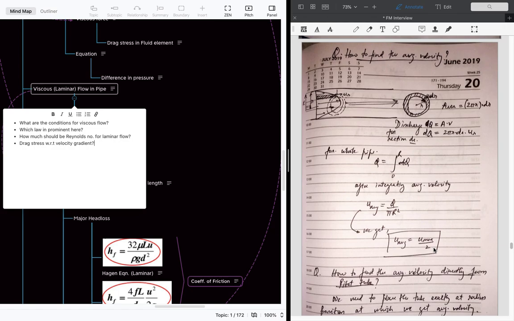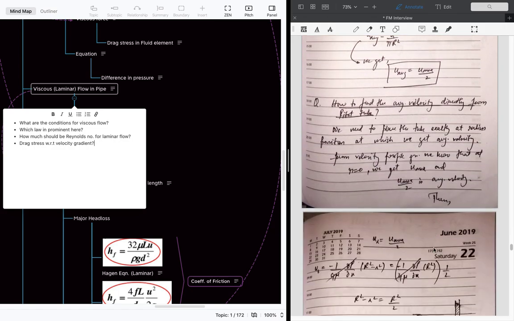So this is from derivations. Then how to find the average velocity directly from the pitot tube? We need to place it exactly at the radius position at which we can get the average velocity. From the velocity profile equation we know that at radius 0 we have the maximum velocity, and at maximum velocity divided by 2 we get the average velocity.